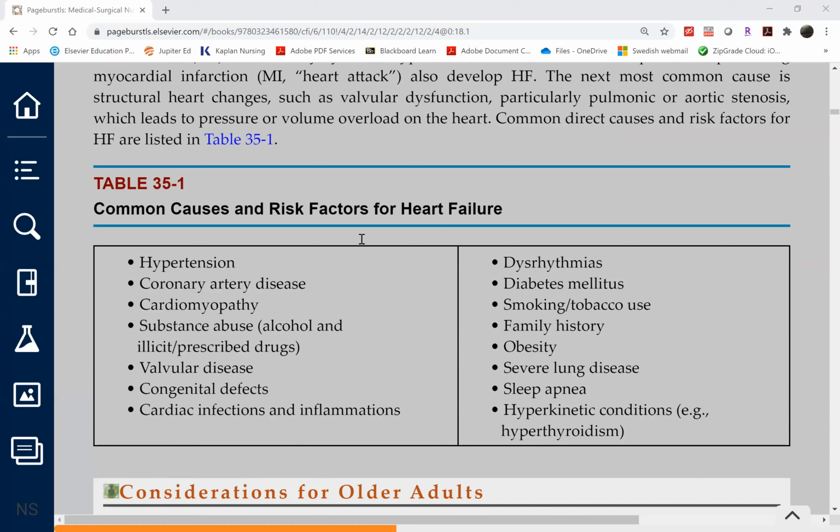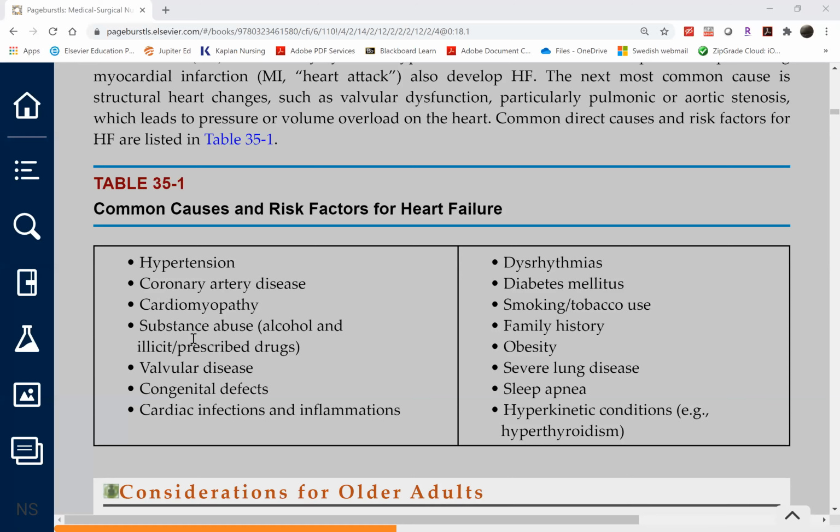Table 35-1. So these are the common causes and risk factors for heart failure. Meaning when you see heart failure in the patient's chart on the medical record, your next question will be, well, what is the cause of his heart failure? That is the next question to ask. So how did he develop heart failure? How did he reach that state?